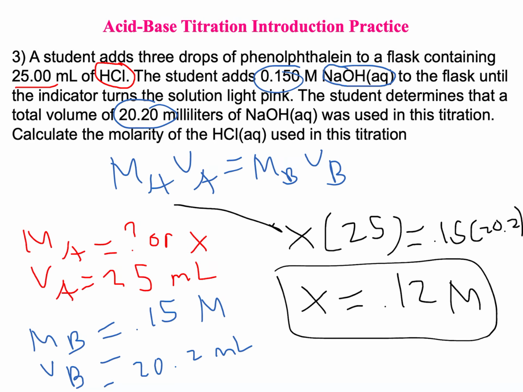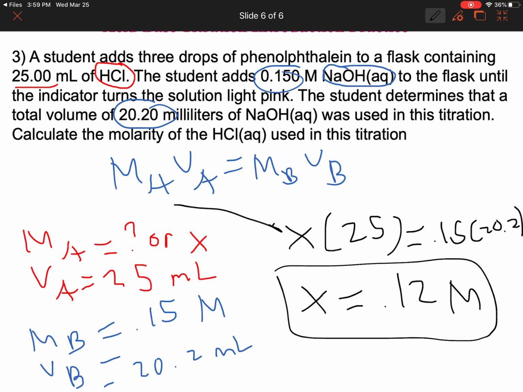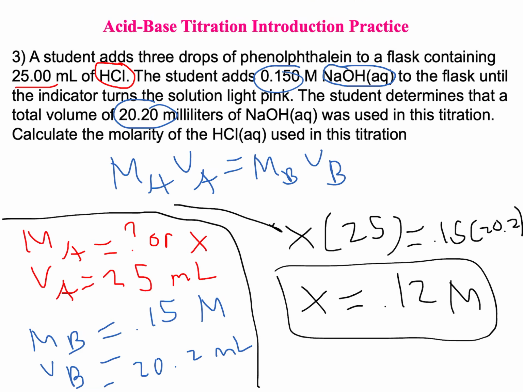So again, identify your acid, identify your base, set up this little box over here. I know it seems silly, but it will help you organize the information and just plug it in. In this case, we're solving for the concentration. You may have to solve for the volume. So you'll see on the rest of the note sheet, there are practice problems. All you're going to do is finish up those practice problems, hand in the sheet, and that's it.